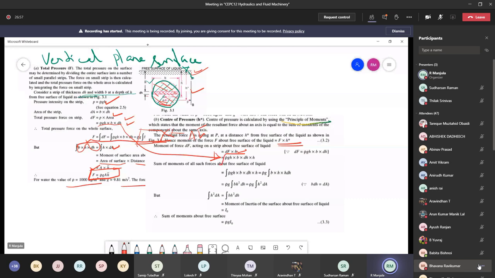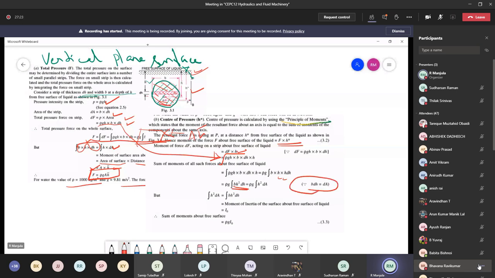Rho g we take out, so we have the integral of b H square dH. So again rho g into the integral of H square into dA, because b into dH can be written as dA.